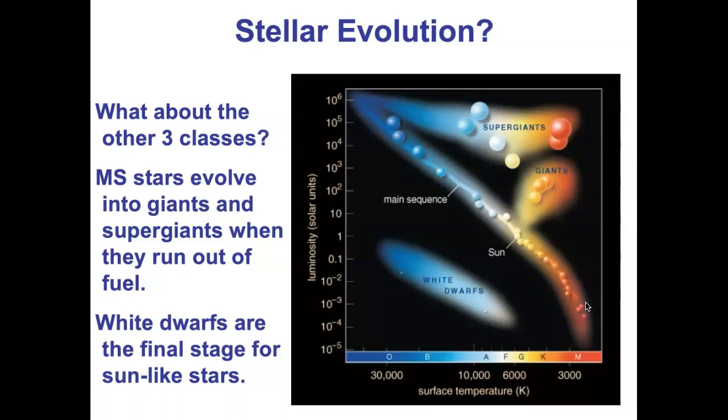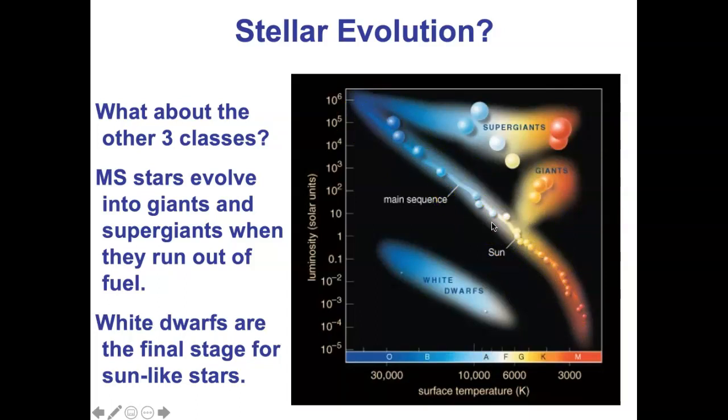So that's where the giants, the red supergiants, and the white dwarfs come from: stars spend the first 90% of their lifetimes burning hydrogen, living on the main sequence.